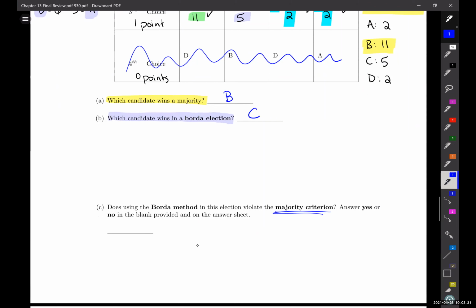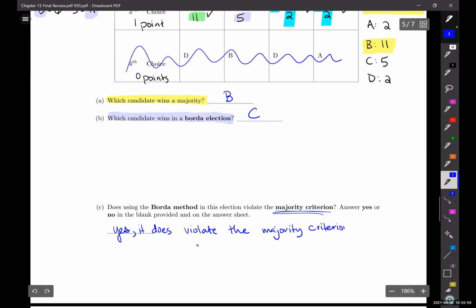So in this case, do we see that though B won the majority of first place votes, it's not the Borda method winner? So here we would say, yes, it does violate the majority criterion. Because the majority criterion would say that B should be the winner no matter how we calculate the election, because it won the majority number of votes.